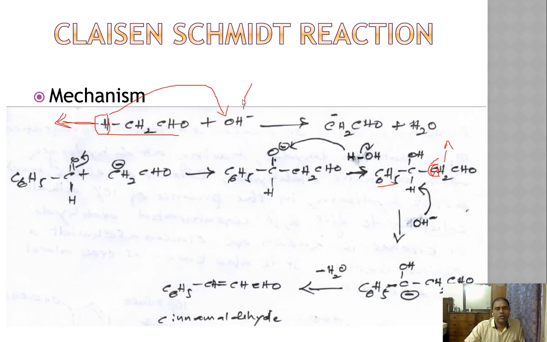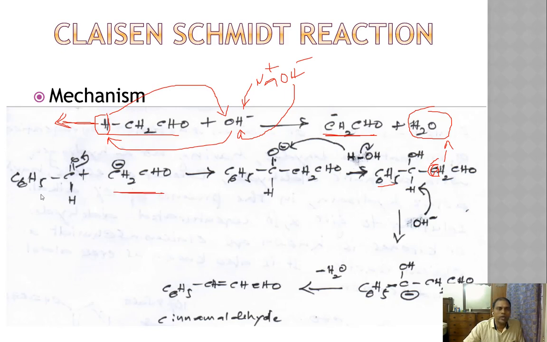You have this hydroxyl group because of the sodium hydroxide, right? This hydroxyl group will react with this active hydrogen, and you are going to get a molecule of water. So you are going to get this anion from this aliphatic aldehyde.